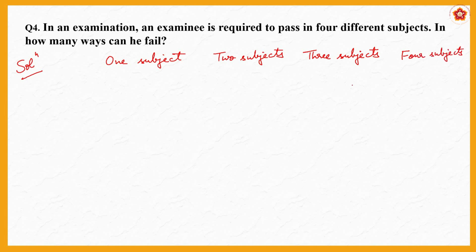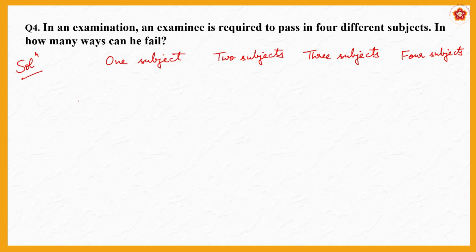Let's look at the question. An examinee is required to pass in 4 different subjects, and we have to see in how many ways can he fail. So he can fail in 1 subject, 2 subjects, 3 subjects, or all the 4 subjects.